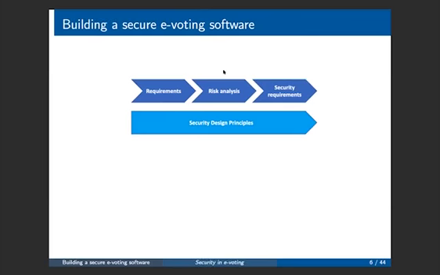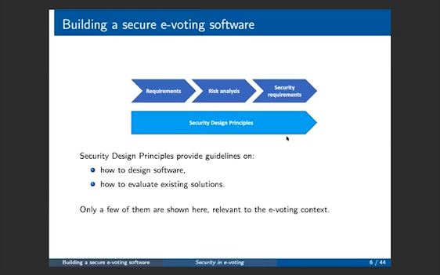We will also do a risk analysis, where we take into account all the risks and threats that might be involved in the software. From that, we extract a list of security requirements, and we will see what that is in the context of e-voting. And all that takes into account security design principles.